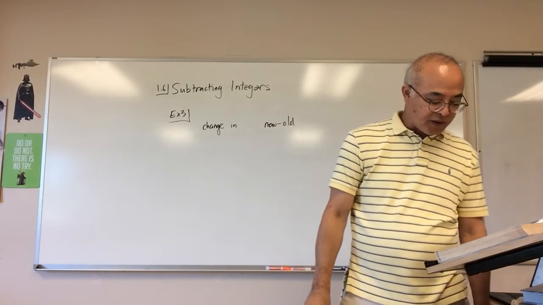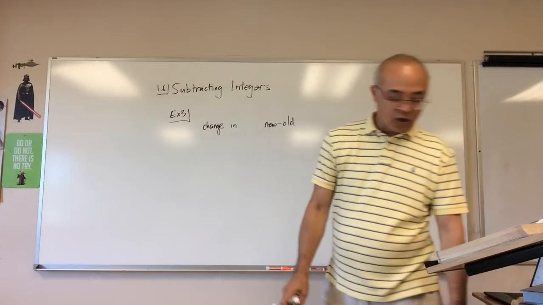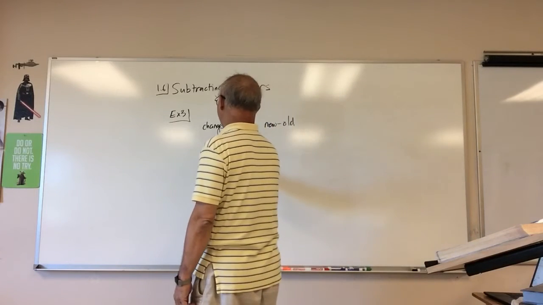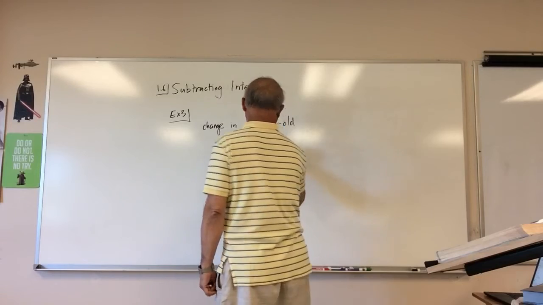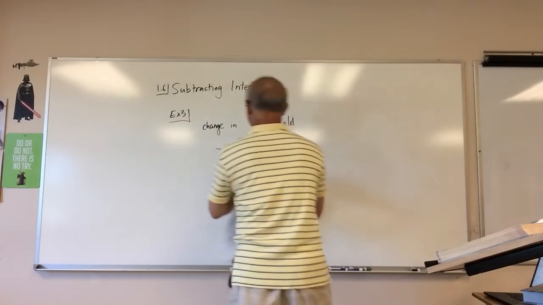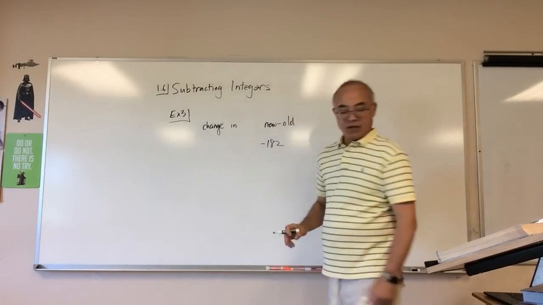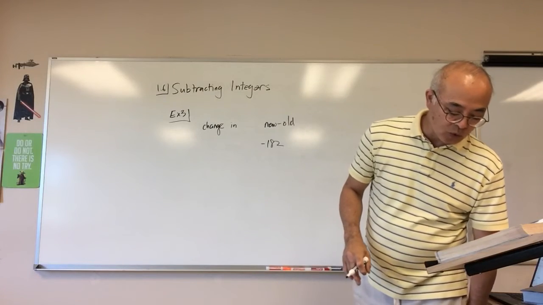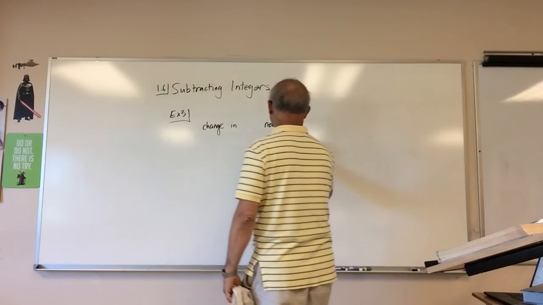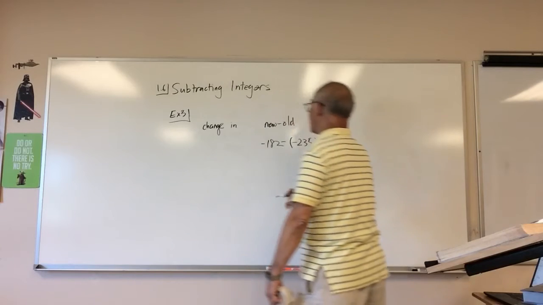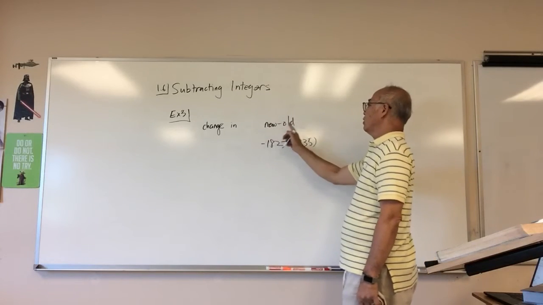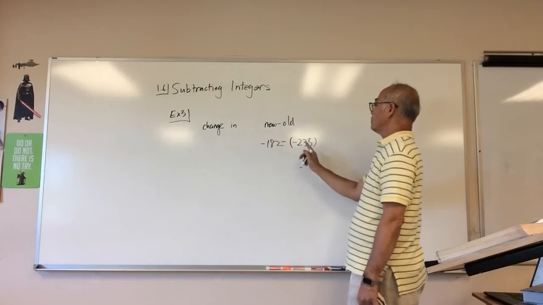The new one is the elevation in 2002, which is negative 182. So that's negative 182 here. That's the new. And the old one was what? The old one was negative 235. And you're subtracting the old from the new.